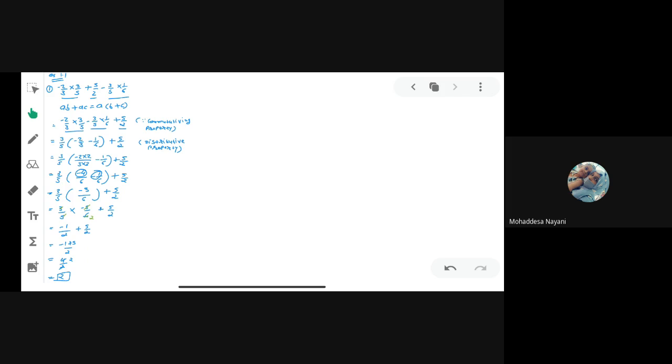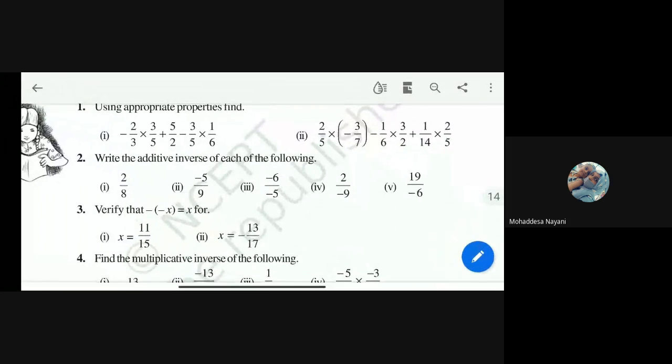If you want to practice, please search on Google for questions of rational numbers using appropriate property. Just write this and you get 100 questions, and please solve them. You have to practice more. Okay, sir.